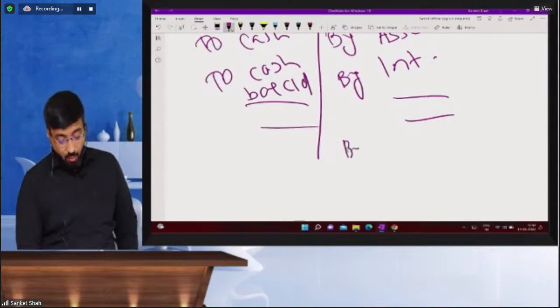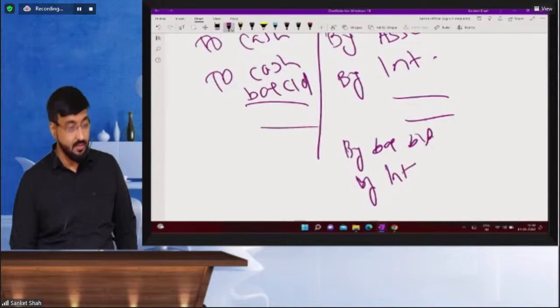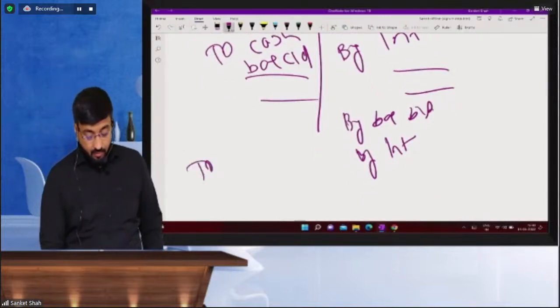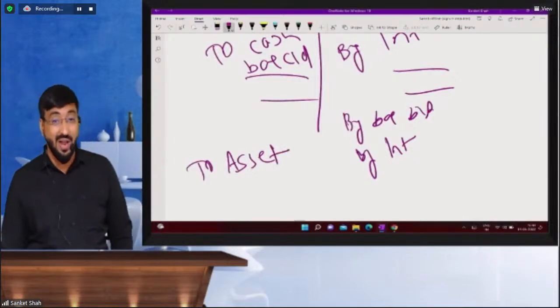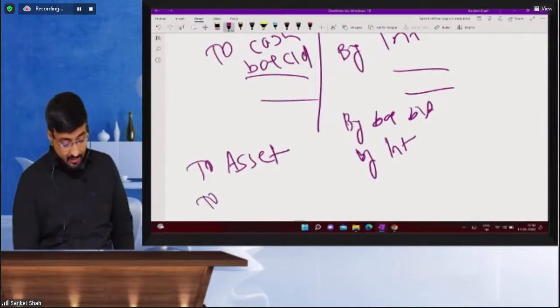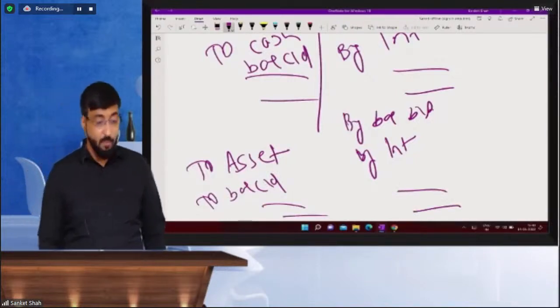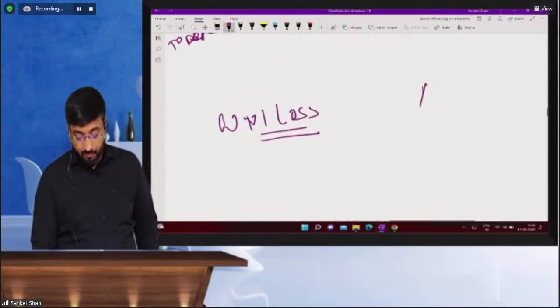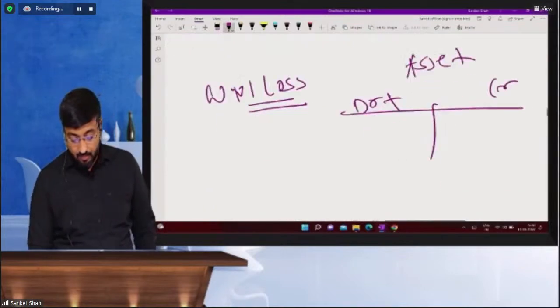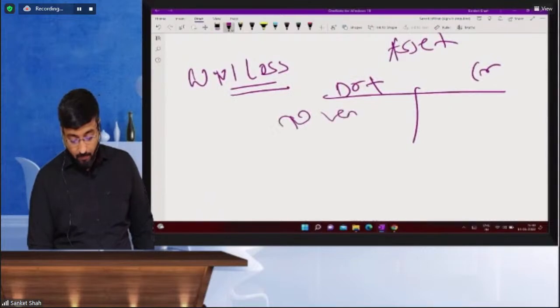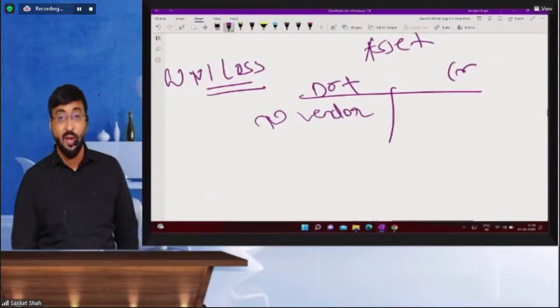By balance brought down, again you will calculate by interest. If he repossess some asset, to asset, and balancing figure, to balance carried down. If you calculate asset account, beta, asset debit plus, credit minus. Asset to vendor is the, here you will write to vendor.